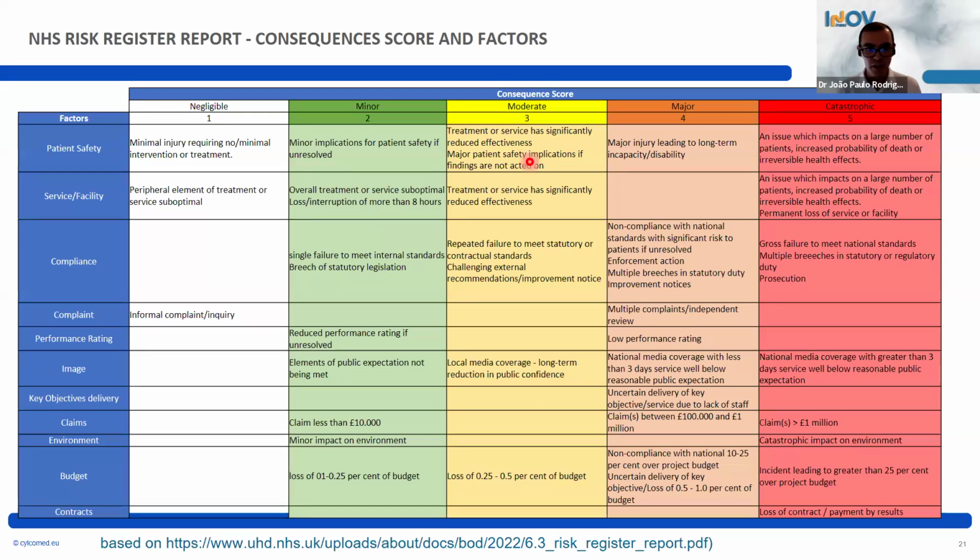On this slide, I put an example of an NHS report from the United Kingdom, where for the factors of patient safety, we have the negligible consequence score, which is minimal injury to the patient or for the treatment. We have a minor consequence, which has to do with minor implications for patient safety. A moderate consequence is where the treatment or service has significantly reduced effectiveness, or there are major patient safety implications.